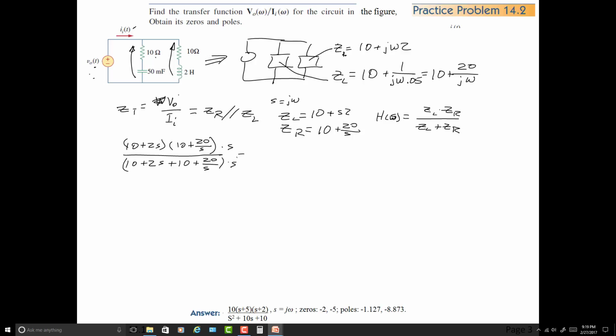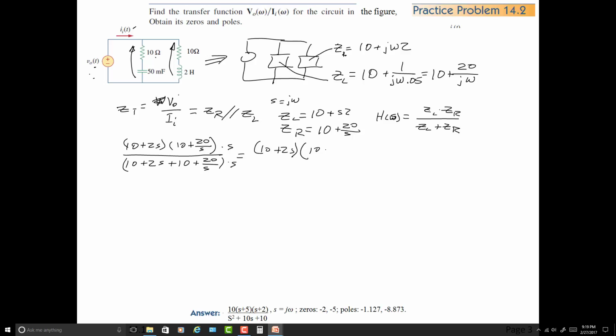Right? So this is going to give me, the S is going to clear this, right? So how will I write this? I just want to be careful how I write this. It'll be 10 plus 2S. A lot of ways you could probably go after this.